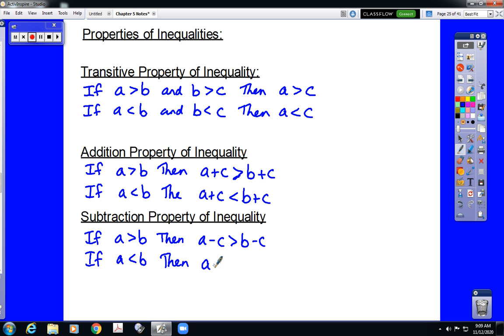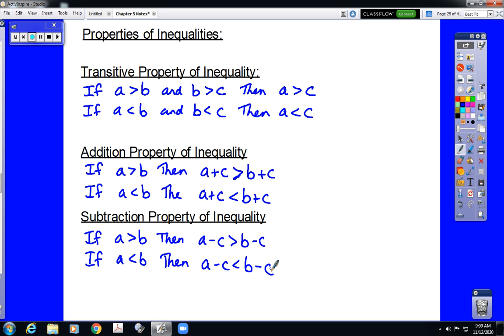Now, why, you would ask yourself, is he only listing addition and subtraction at this point? First of all, addition and subtraction would apply the exact same way they do to equality, which is why we're listing them here. But the big thing here is that with multiplication and division, our algebra rules do not hold for inequalities.